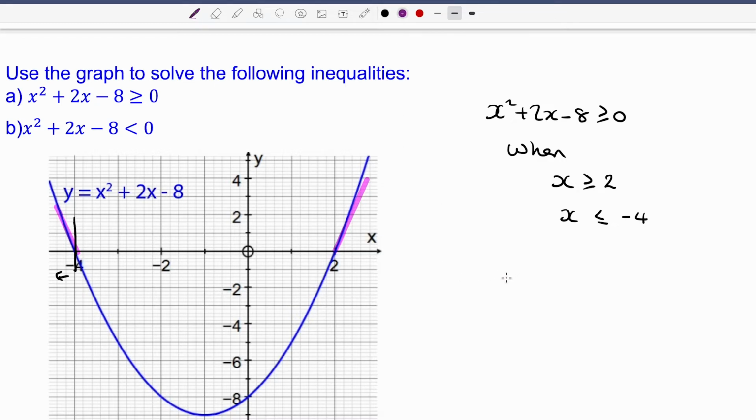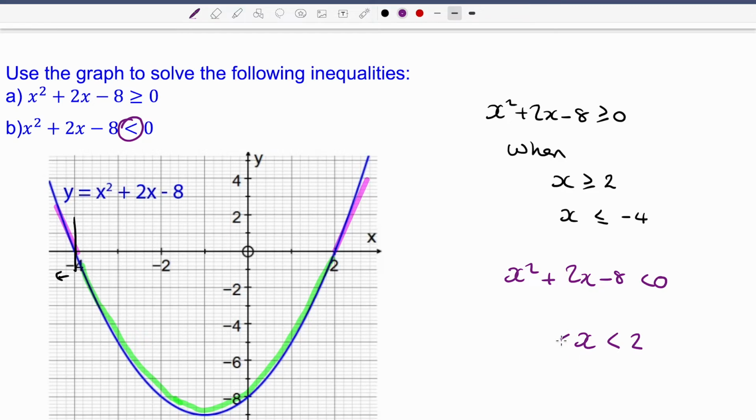For part B, x squared plus 2x minus 8 is less than 0 is when we're traveling below the x-axis. So, forgive my curve, there you go. So when x is less than 2, can it be equal to it? No, because it must be less than that from this question.